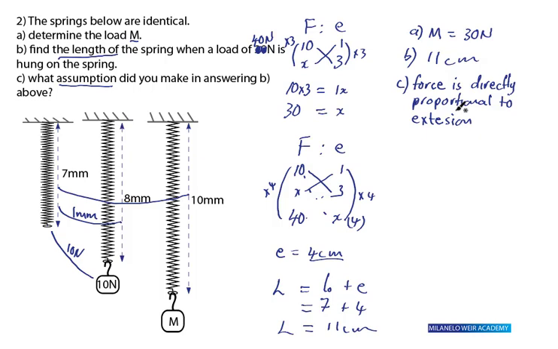That's the assumption, because maybe the spring will deform if we put this load, and give us the wrong results. If it deforms, then the length won't be the value that we found, 11 centimeters.